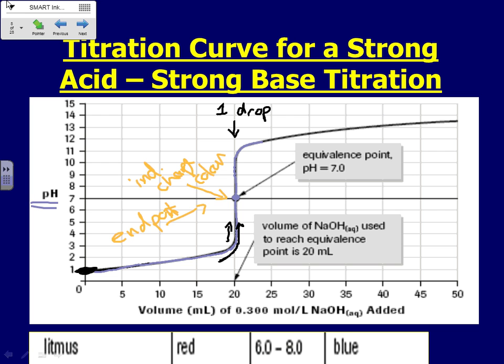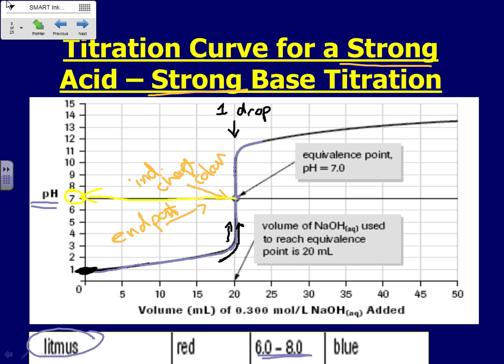If we take a look at a strong acid and strong base, we've already concluded sodium chloride is going to be in the water at the equivalence point. That means the pH is going to be exactly 7, which means we're going to want an indicator that will change color between 6 and 7.